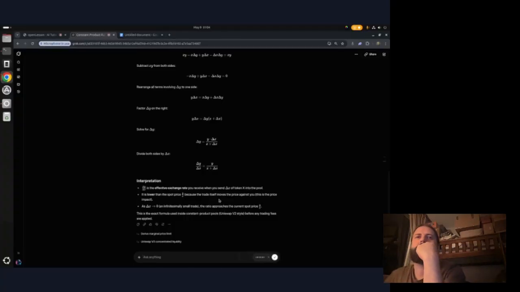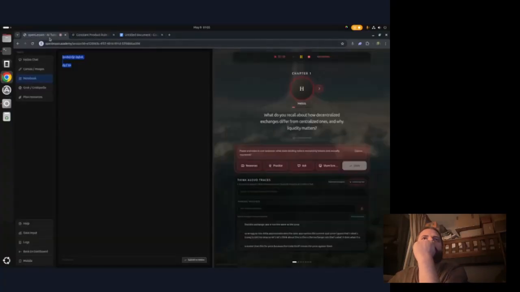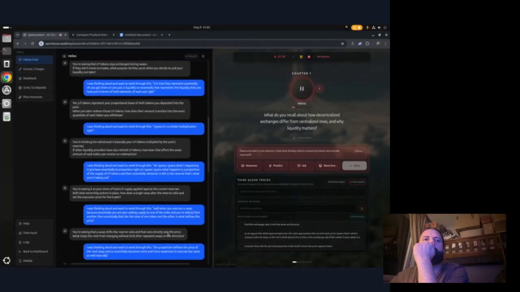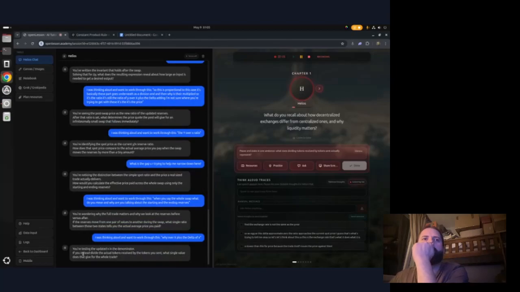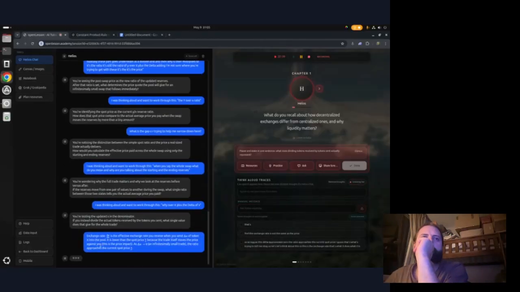So from a definition standpoint, the exchange rate is not the same as the price. That's it.